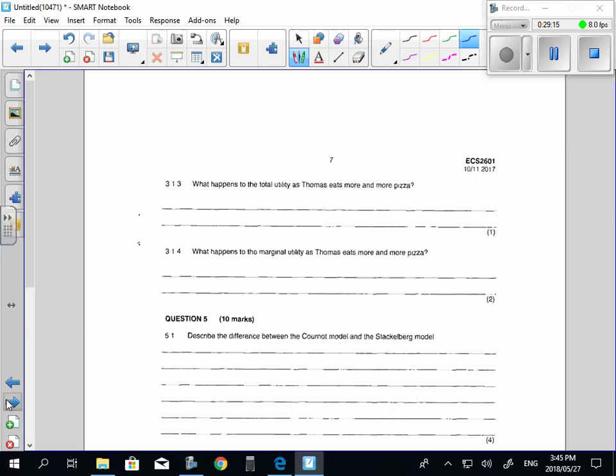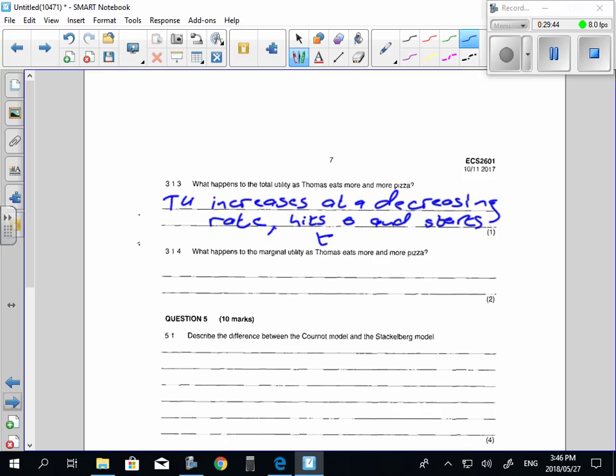What happens to the total utility as Thomas eats more and more pizza? Total utility increases at a decreasing rate. Then it hits 0 and starts to decrease.